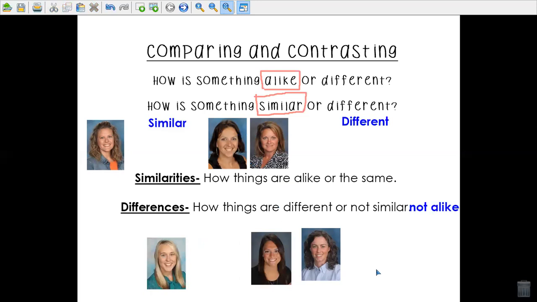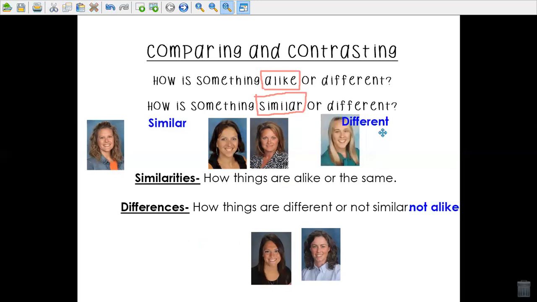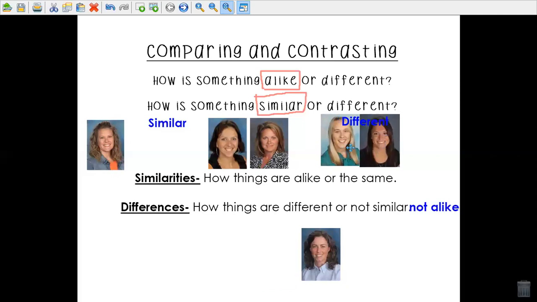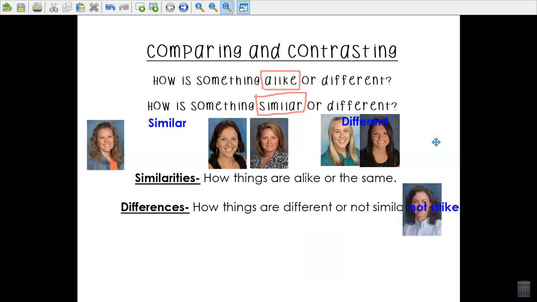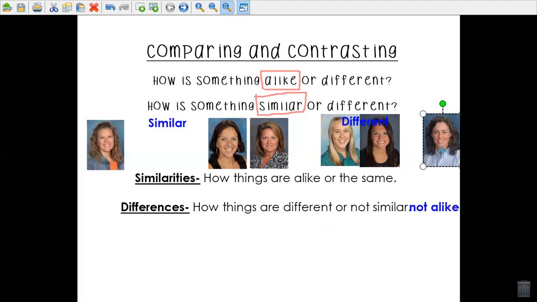Okay, let's go next. Miss Owens and Miss Scarborough each have 1 child. So Miss Owens and Miss Scarborough are similar because we both have 1 baby, and our children are both younger. And then Miss Martin doesn't have any children, human children, I should say, but she has lots of animal children.